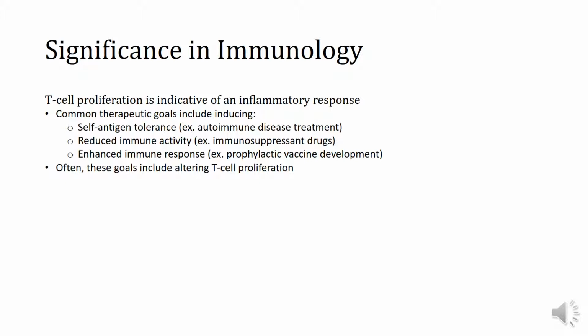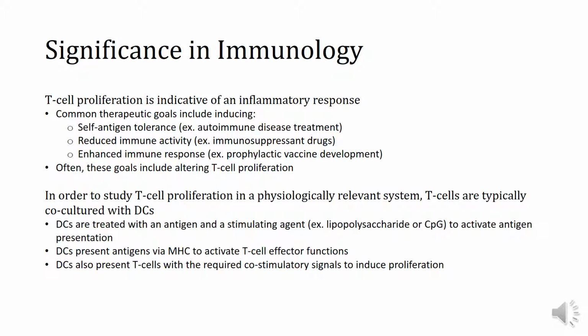Something that would similarly reduce immune activity, an immunosuppressive drug. You could also enhance the immune response in order to be better prepared to face some sort of antigen. That would be done with something like a prophylactic vaccine. And a lot of these goals incorporate T-cell proliferation.